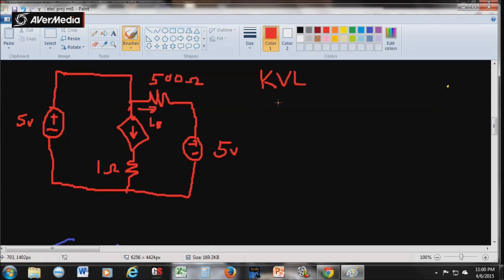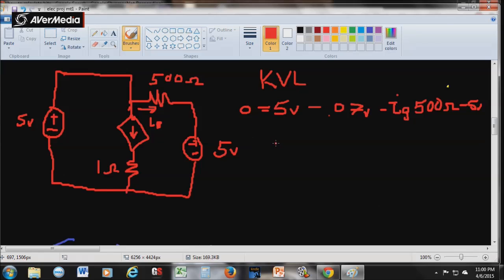We know it's 5 volts minus 0.07 volts minus IB times 500 ohms minus 5 volts, and this is all equal to 0.